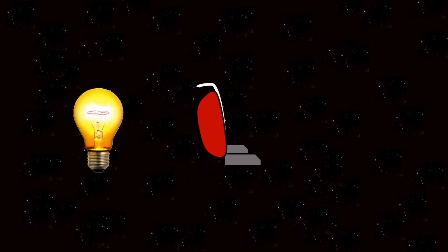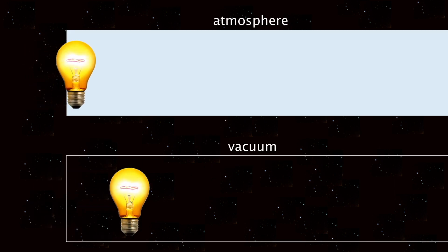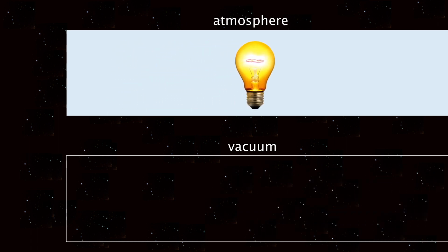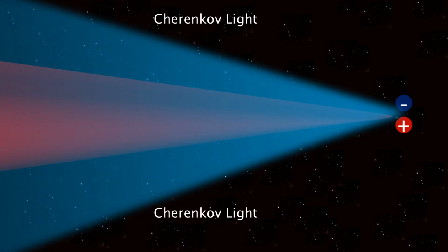It is correct that light travelling in a vacuum is the universal speed limit, but if the light is travelling in something else, like our atmosphere, it has to slow down, meaning other particles can overtake the light. When this occurs, a cone of electromagnetic waves is produced. The electromagnetic waves are built up along the edges of this cone, causing the blue Cherenkov light to be produced. This is a light equivalent of a sonic boom.